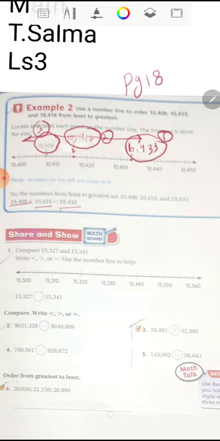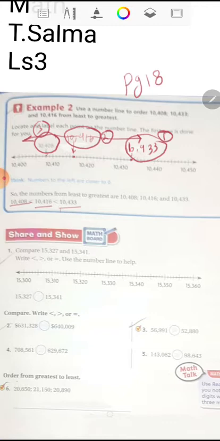So look, when you mark these numbers 1, 2, 3, that means you order the numbers. So how will I order the numbers? I will order them by comparing the numbers with each other. You have to compare the numbers starting from the largest digit to the lowest digit.